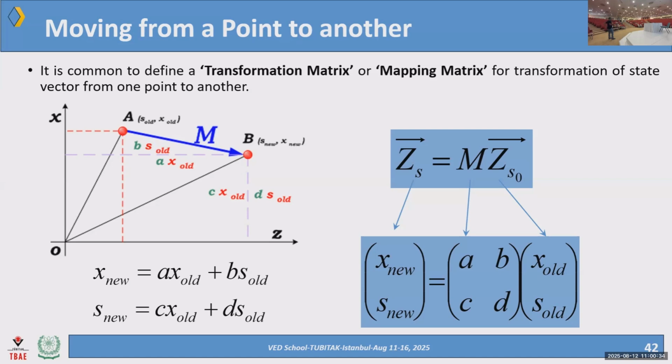What is it? This is an old vector which was acted upon by a certain transformation to give a new vector. This old vector is the state vector at position A. I call it old. It has x as a position and a slope, x prime. And this transformation M is some hypothetical transformation.